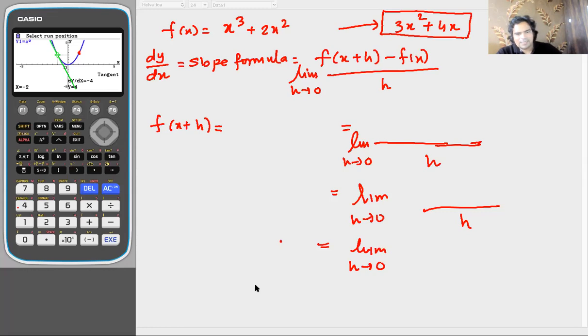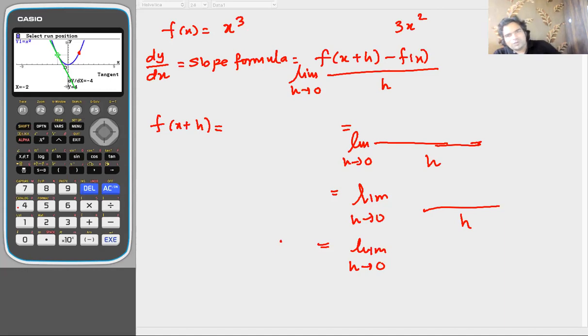So first, let's start with just the x cubed derivative, and the answer you should get is 3x squared. The previous one was x squared, whose derivative was 2x. That's what we got. And now let's see how we get the x cubed derivative as 3x squared.